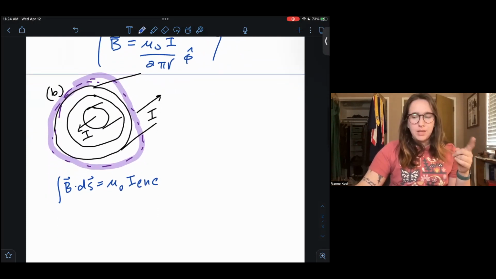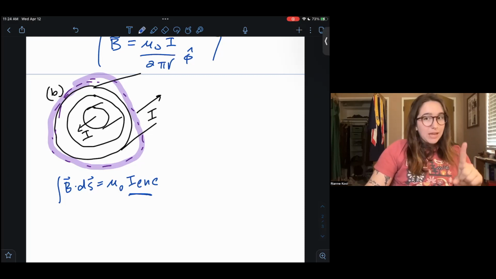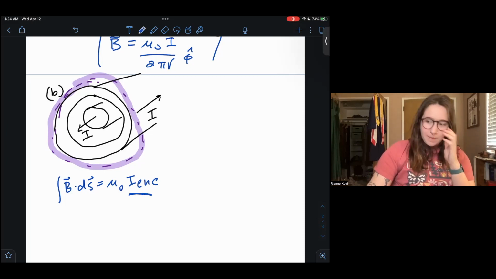But let's look at our I enclosed real quick. We have two I's that are enclosed now because our second I is now in the Amperian loop that I created. But they have the same magnitude. One's going in the positive z direction and the other one is going in the negative z direction.